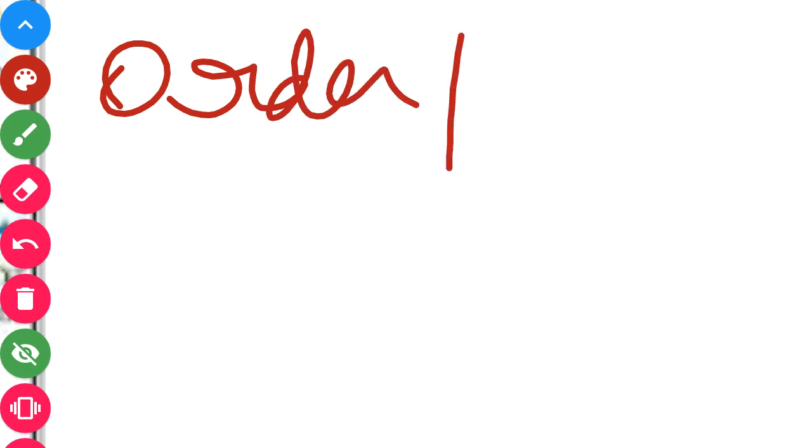The order property of multiplication says the product of two numbers does not change when the order of the numbers is changed. Repeat after me. The product of two numbers does not change when the order of numbers is changed.